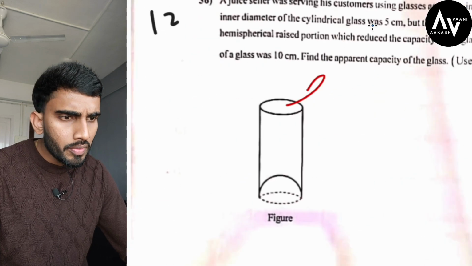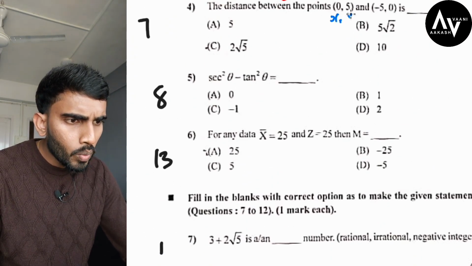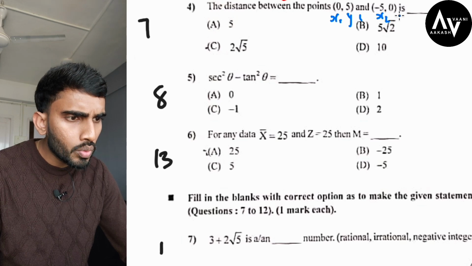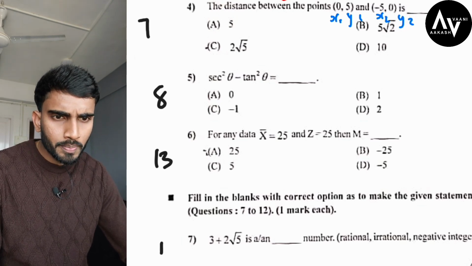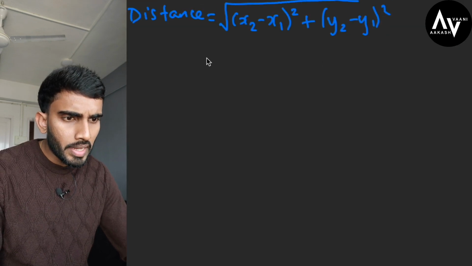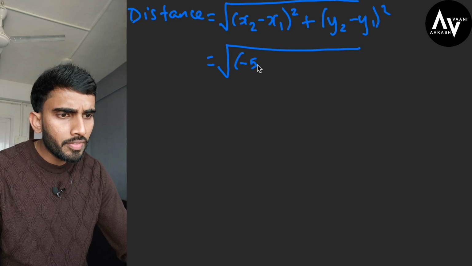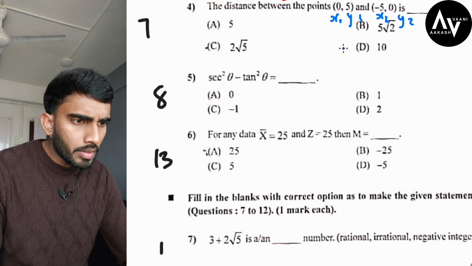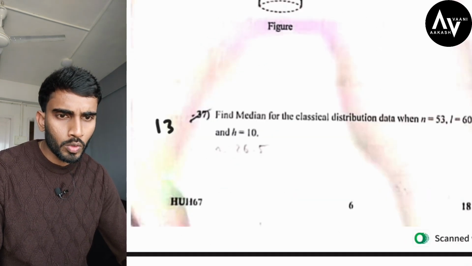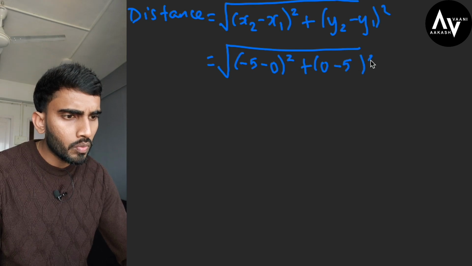Let us say this is our x1, y1, and this is our x2, y2. Putting the values, we get (-5 minus 0) the whole square plus (0 minus 5) the whole square.